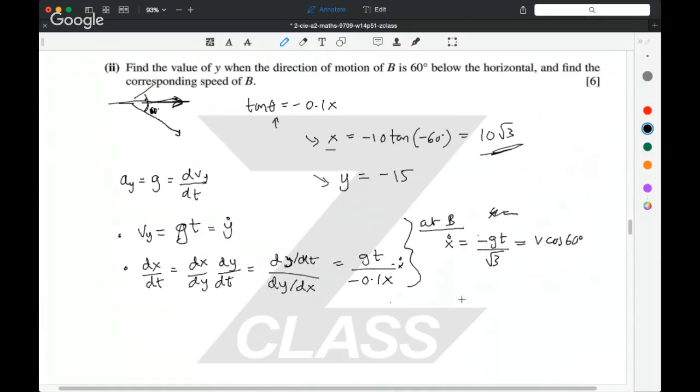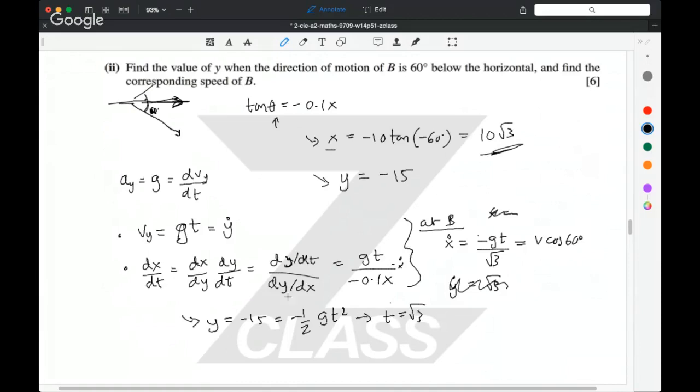Now we can also talk about y dot. Sorry, we have at this point that y is equal to minus 15, and if we plug that into our constant acceleration equation, with 1/2 gt squared, we get that the time is equal to the square root of 3.